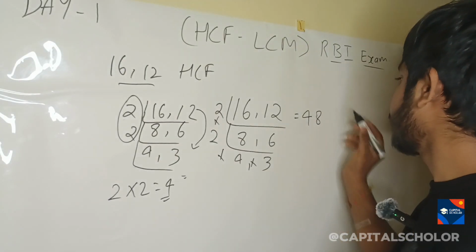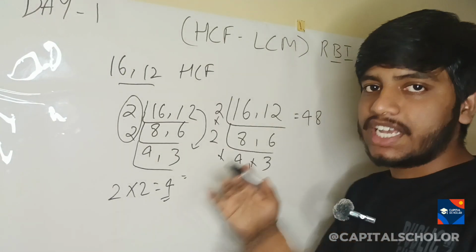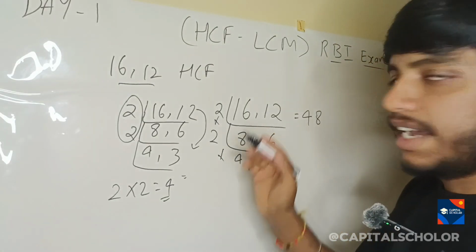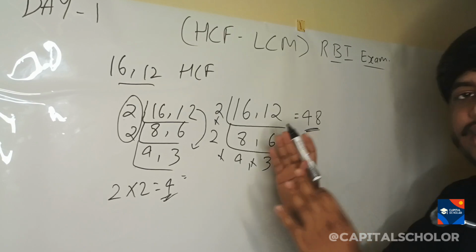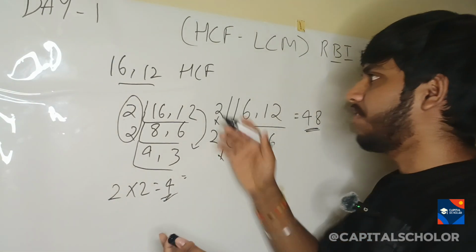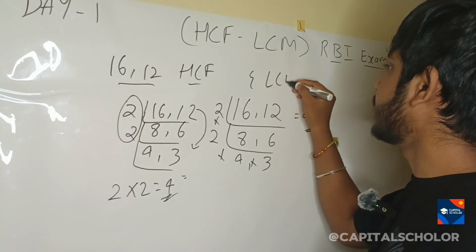In the previous method I explained, the HCF was 4 and the LCM was 48. So this is the regular way to find the HCF or LCM.